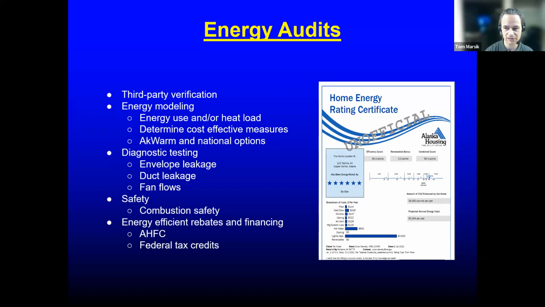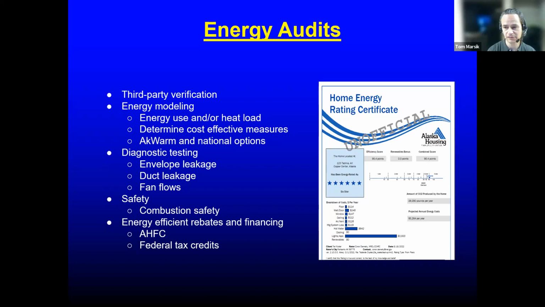That energy audit report has a bunch of valuable information in it, but one of the things among them is a list of potential improvements you can make, and that list is prioritized based on their payback, with the shortest payback first. So that list allows you to see what are the most cost-effective things you can do to your building to save energy.